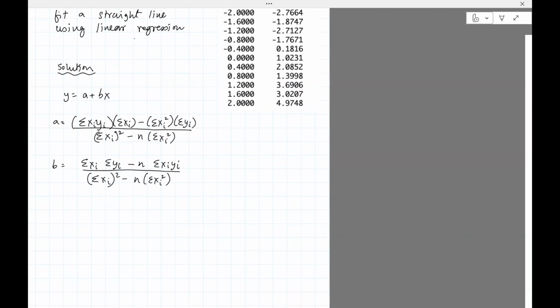Okay, so what you notice is the following. You need summation xi, we need summation xi yi, we need summation xi square. We also need summation yi.